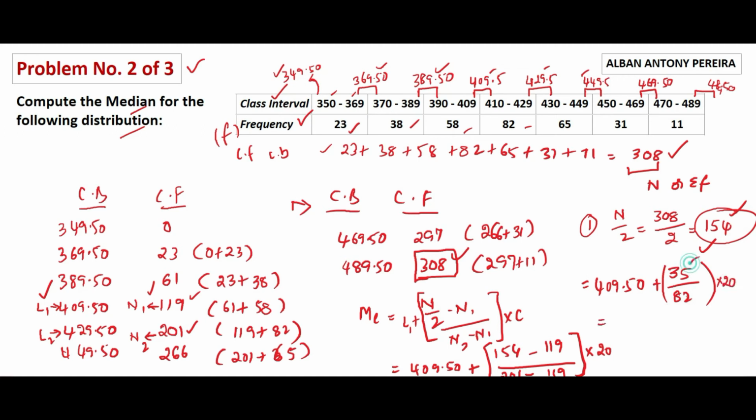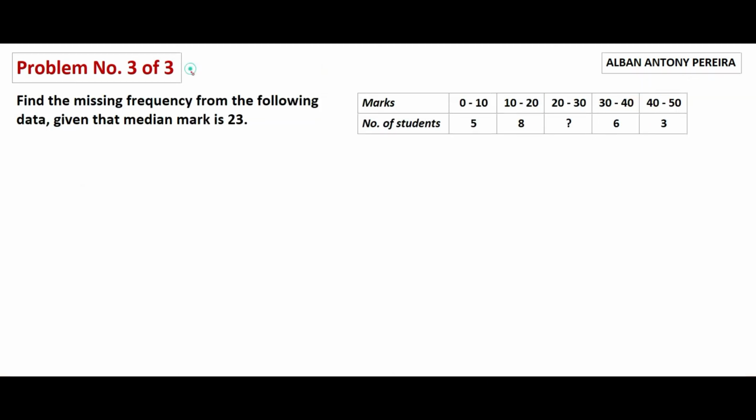When you divide 35 by 82 and multiply with 20, the answer is 8.5365. Add this to 409.50 and your final answer will be 418.04.